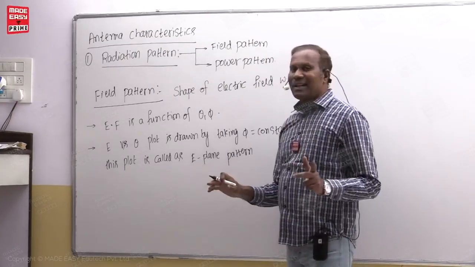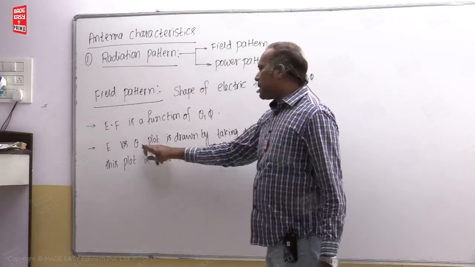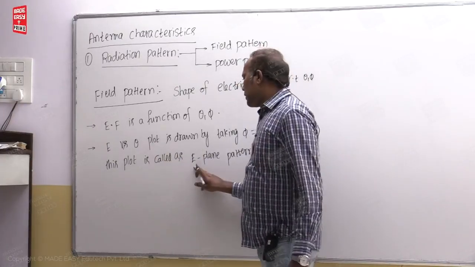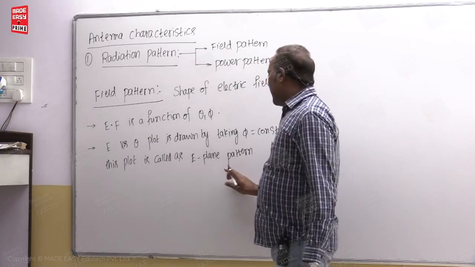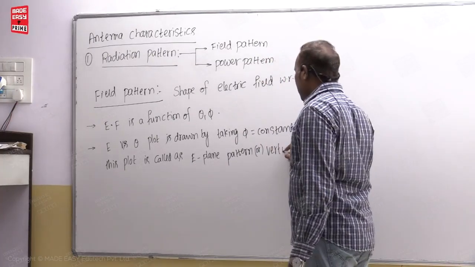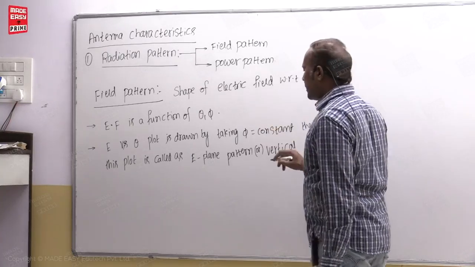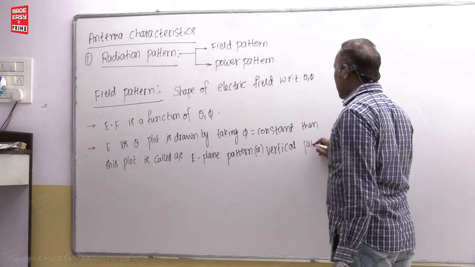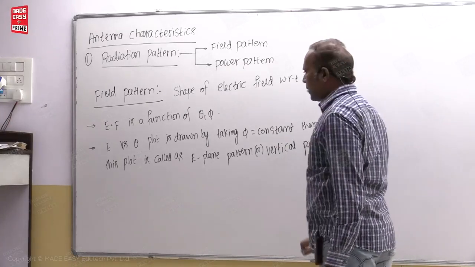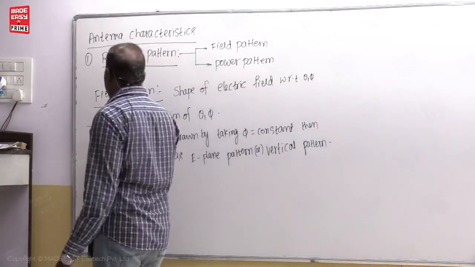E means elevation plane, because theta is called elevation angle. So that is why elevation plane pattern or otherwise it is called vertical pattern, because it is the vertical angle. That is why vertical pattern. Okay.